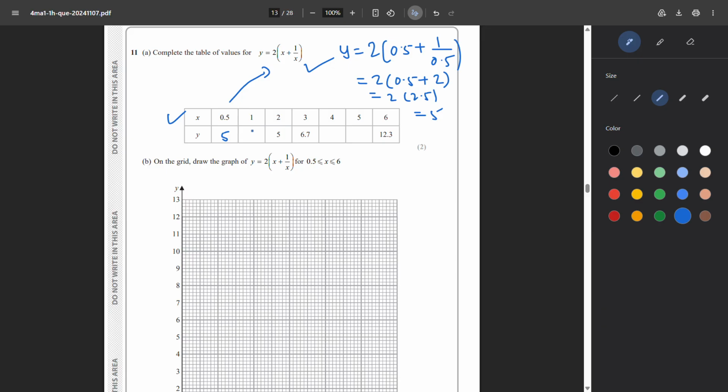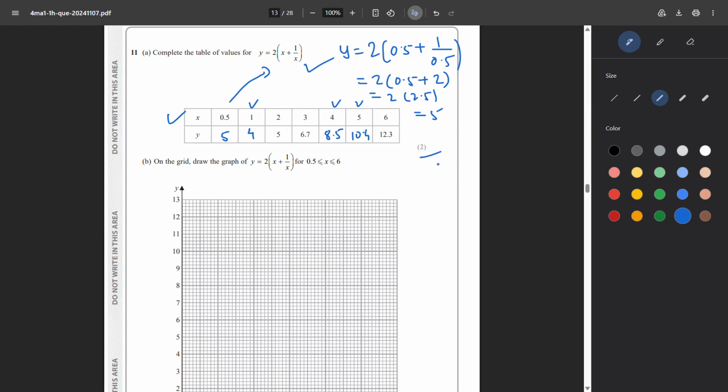In this way you can easily find the rest, or if you have a calculator, you just put the values in one by one. Putting x equal to 1, you get y is equal to 4. Next, x is equal to 4, you get y is equal to 8.5. Next, x is equal to 5, you get 10.4. So in this way you can find all values. Just put all x values in the y equation. Complete this table and you will get 2 marks.